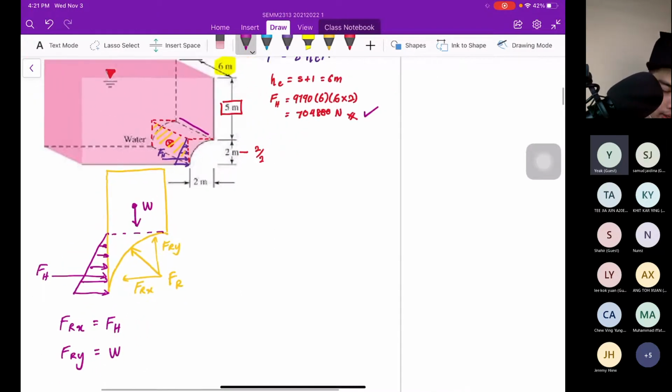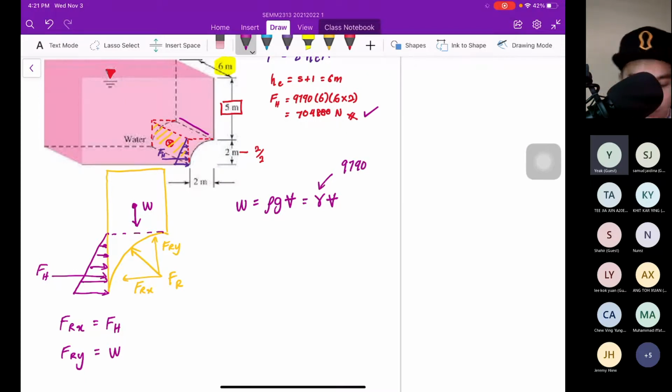So how to calculate the weight? The weight of the liquid block is basically equal to rho g V. So rho g is gamma times V. Gamma of water is 9790, given already.